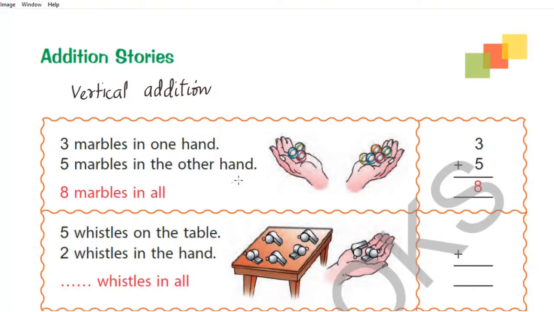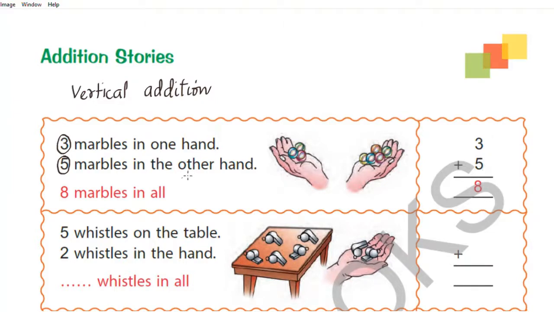Now we have to see numbers. You can see you have 3 and 5. Let us encircle these two numbers. Make a circle around 3 and then make a circle around 5. Now you have got these two numbers. Write it down, 3 and 5.